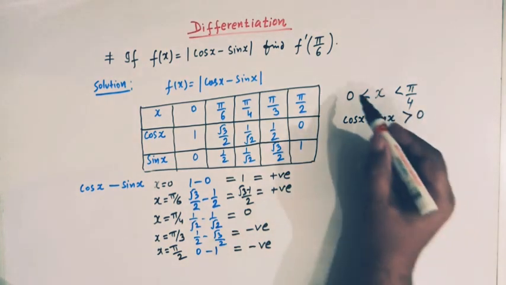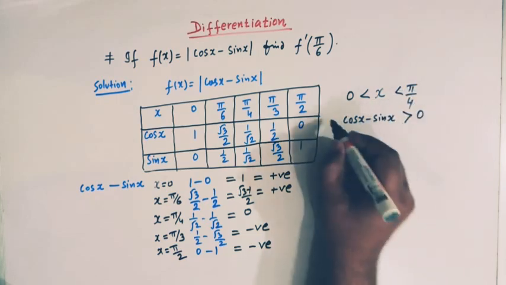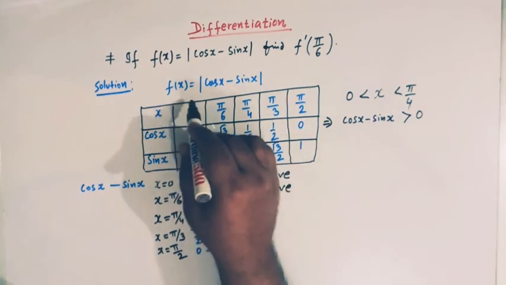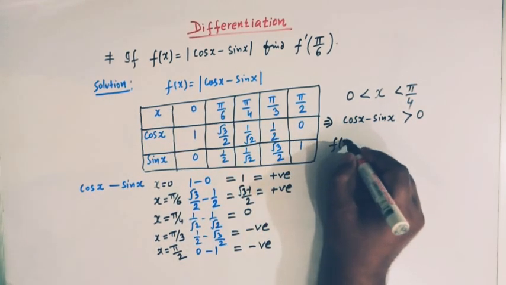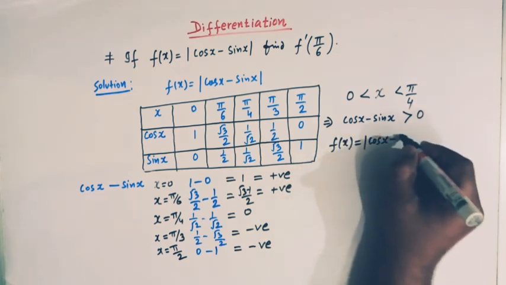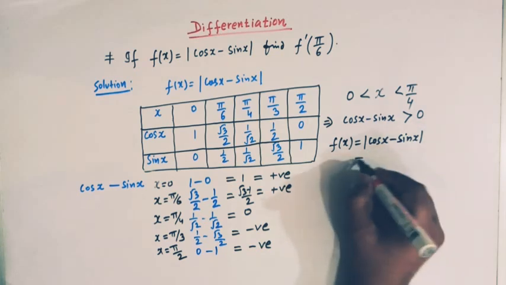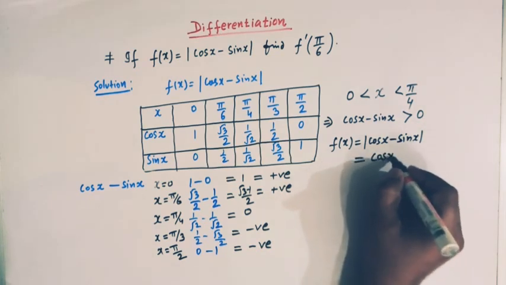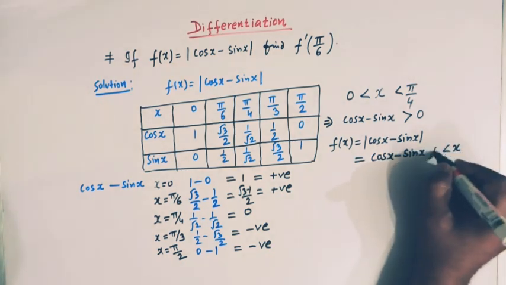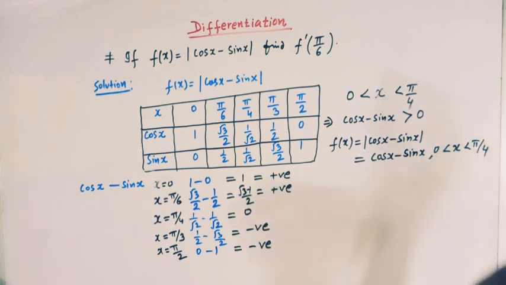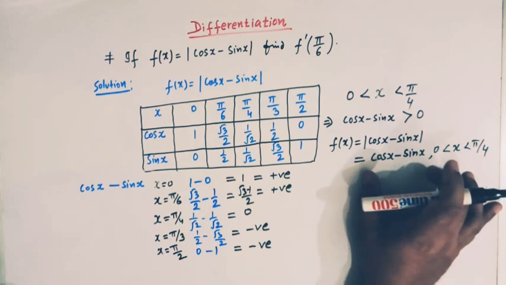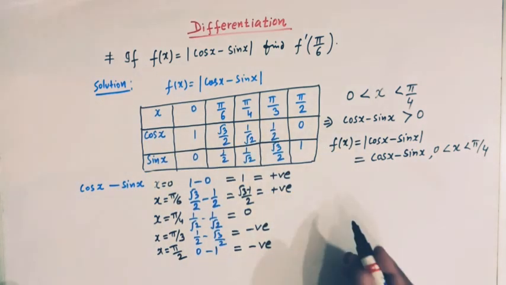So the function f(x), which is |cos x − sin x|, is simply equal to cos x − sin x when x lies between 0 and π/4. Once we have established this, we can now easily find the derivative.